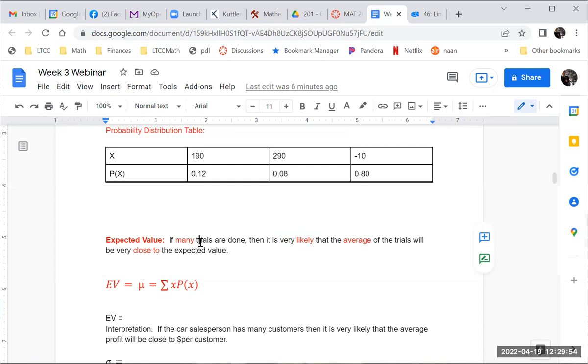And similarly, what does many mean? Just many. That the average of the trials will be very close to the expected value.